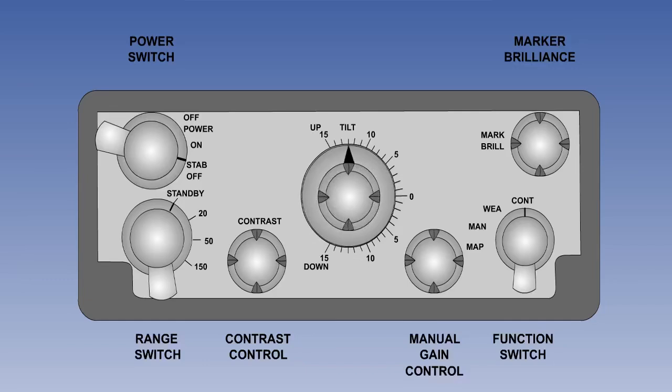Tilt control enables the radar beam to be tilted from the horizontal within 15 degrees up or 15 degrees down. In the horizontal plane, the beam can scan up to 90 degrees either side of the nose. When you are clear of hazards, but still on the ground, the maximum up tilt and the pencil beam should be selected.